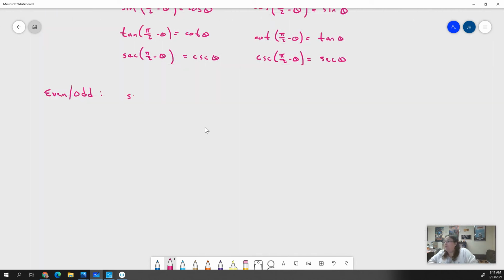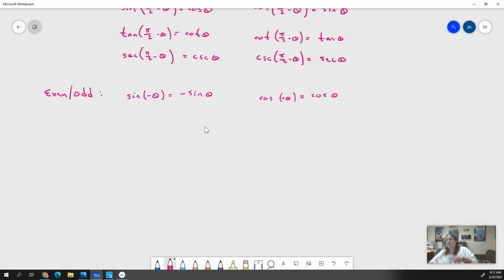So if I have sine of negative theta, I could write that as negative sine of theta. If I have cosine of negative theta, I write that as positive cosine of theta.